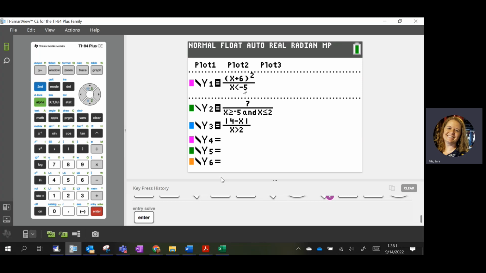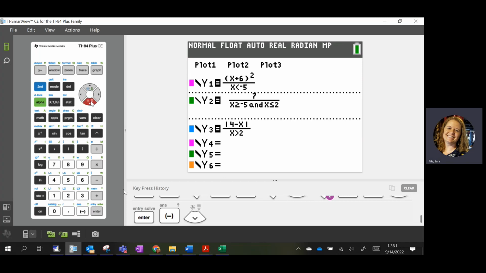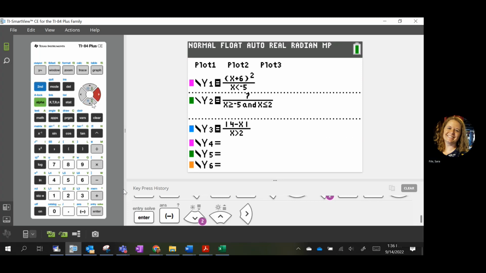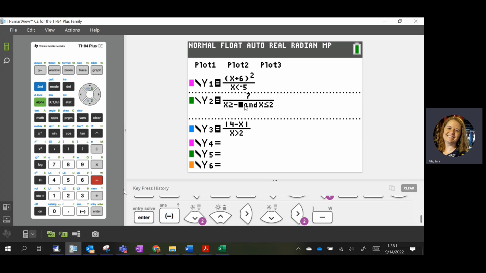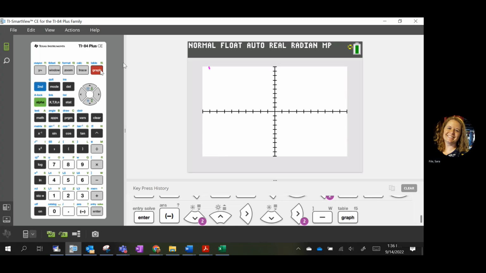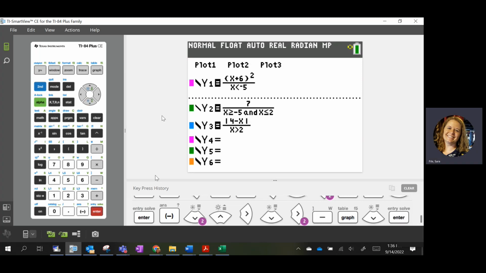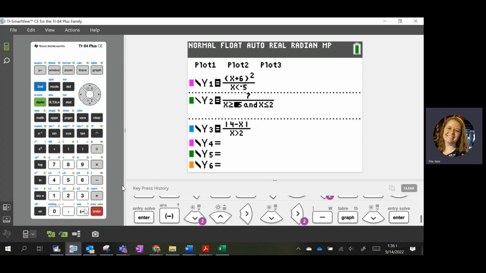So, oh, I accidentally used a minus. Let me change that to a negative. Okay, and then you can see if you didn't make that mistake until down here in the second piece, for instance here, it'll graph the first piece fine, and then you'll get an error when it starts to graph the second. See, it graphs the first, and then you get an error because it can't graph the second because you have a syntax error in the second piece. Okay, so you can kind of tell where your error is happening.